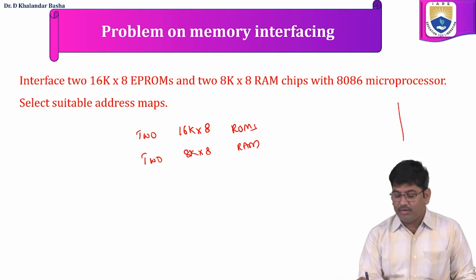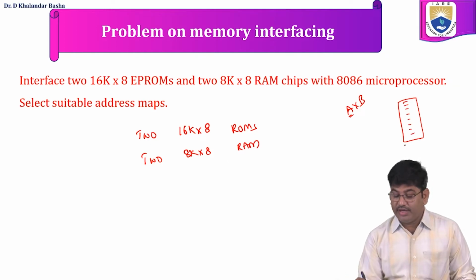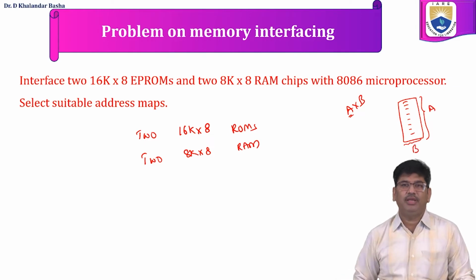For any memory, if it is given as A by B, A indicates the number of memory locations and B indicates the size of each memory location. So here we have A memory locations and each memory location size is B bits.